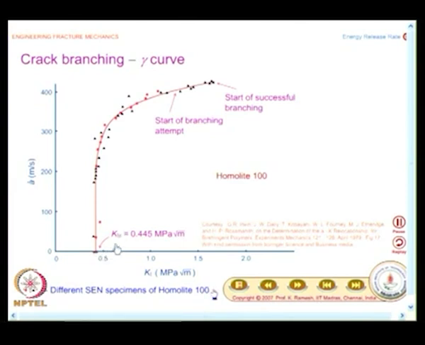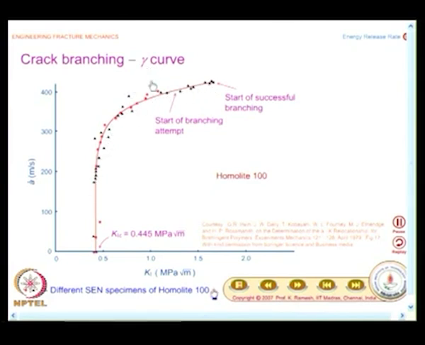So, they were able to find out from the experimental measurement both the value of K as well as the velocity, and when you plot those points as K versus velocity, it takes a shape of this nature. This looks like gamma.